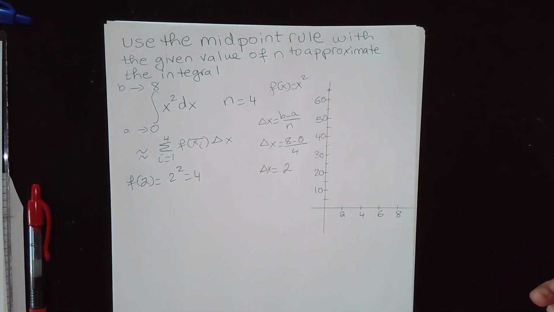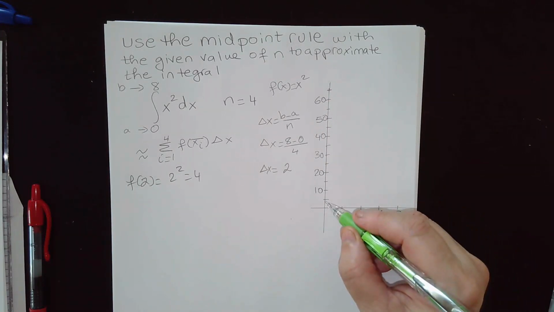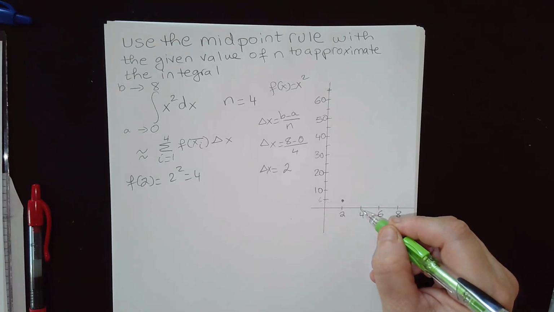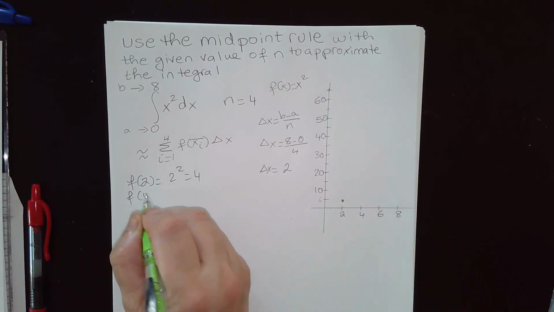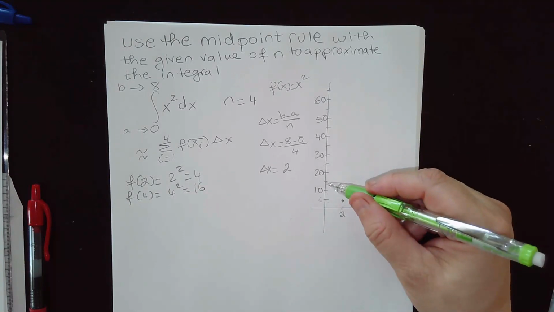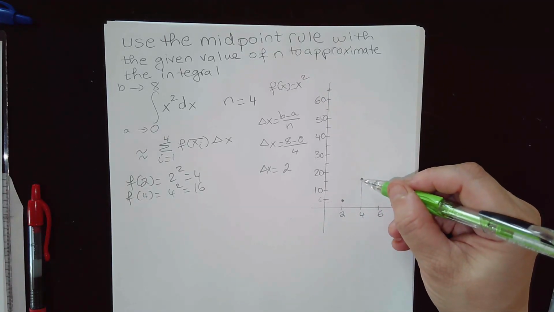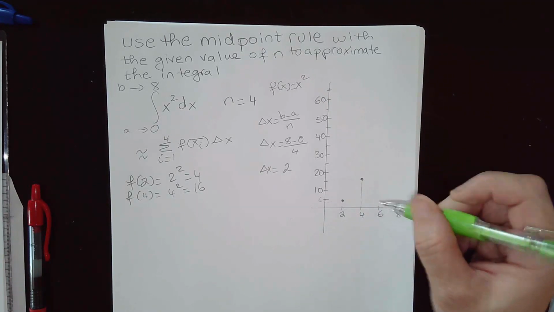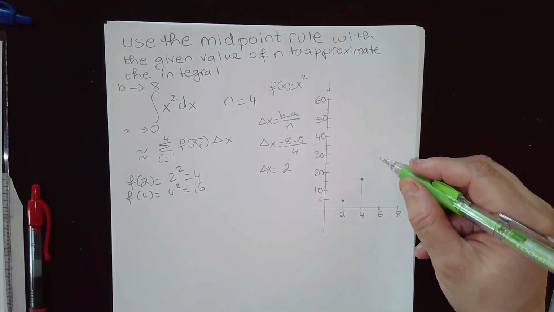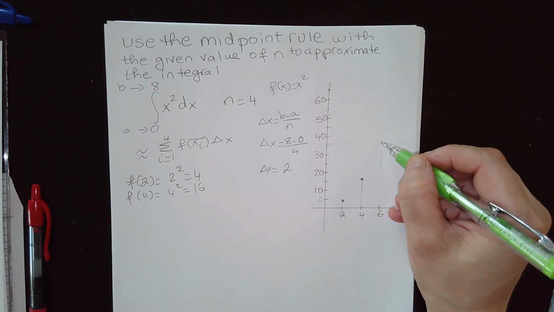Okay? And so when x is equal to 2, f(2) is 4. So this is 5, so 4 would be slightly less than that. And f(4) would be 4 squared, which is 16. So here's 10, here's 15, slightly more. And when x is 6, f of 6 is 6 squared, which is 36. This is 35, so this is 36.